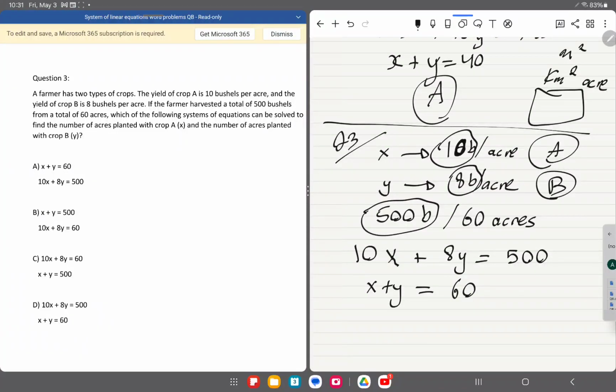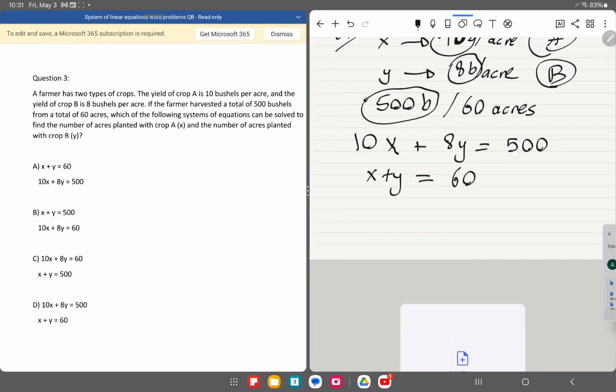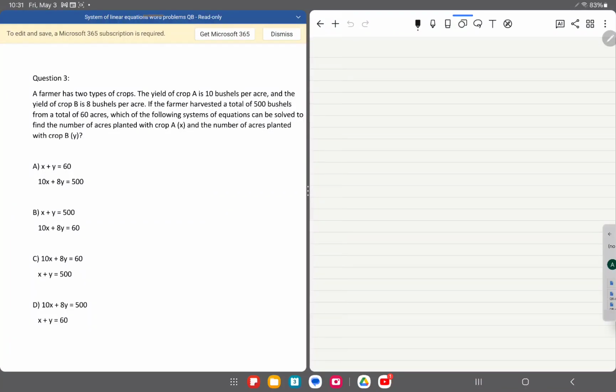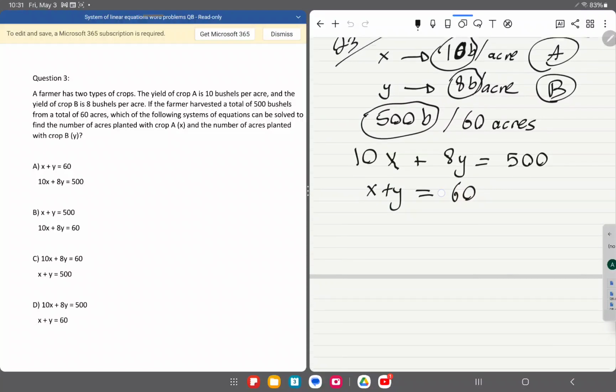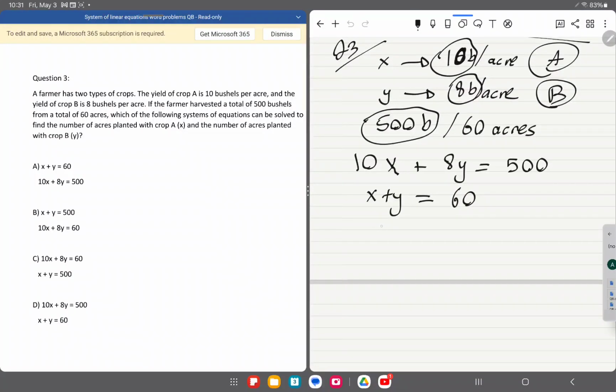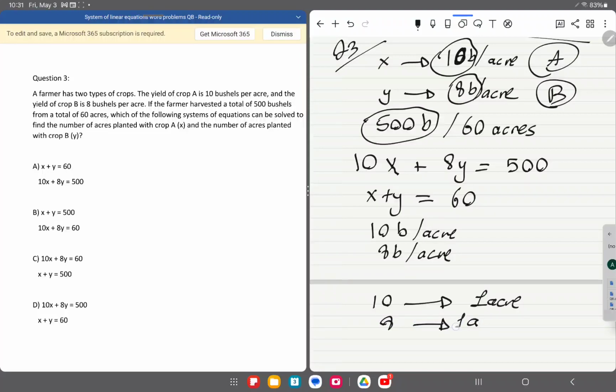Now, how did I think about this? Let's put it into a different perspective, a different way of solving. If I've got 10 B per acre and 8 B per acre, I guess we can use 1 acre to see it visually.